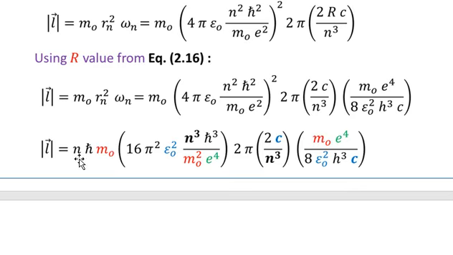This is n h bar, and I have separated it from the rest of the quantities. The other quantities I have expanded, that is, I have taken the square of this quantity over here. Now I have marked the different quantities with different colors. For example, m0 is shown in red, and within the parenthesis we have m0 squared, and then in the term on the Rydberg constant we have m0 again shown in red, so that we can show the cancellation process.